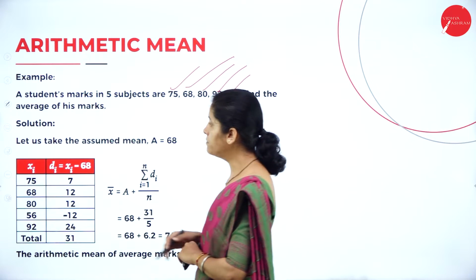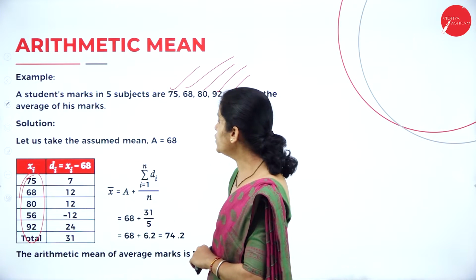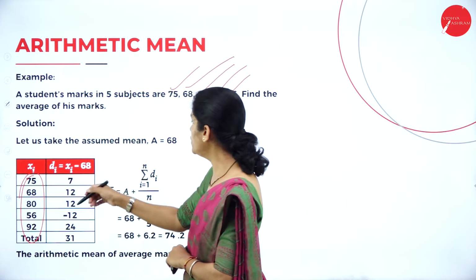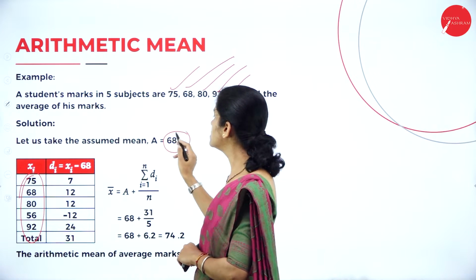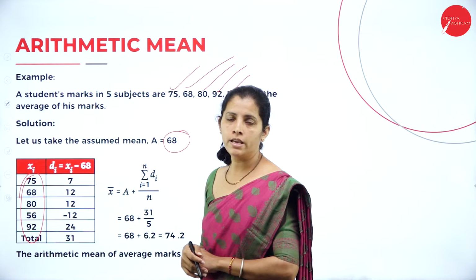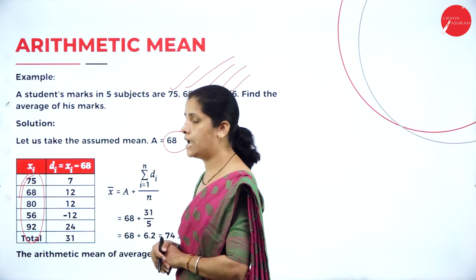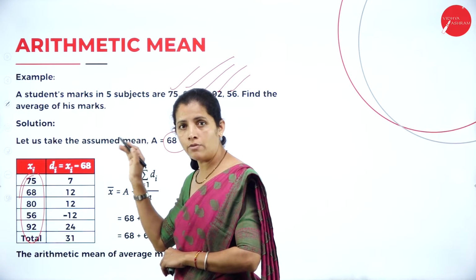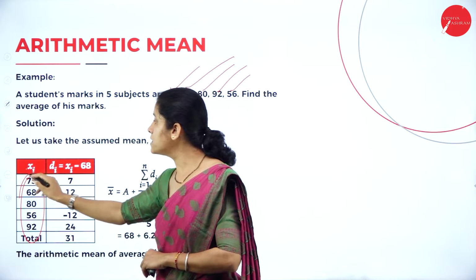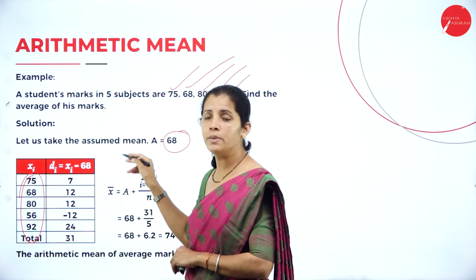I have the x values, and I'm going to assume that the average marks is 68. Now I'm going to find di. To find di, what is the formula? xi minus A, where A is the assumed mean.